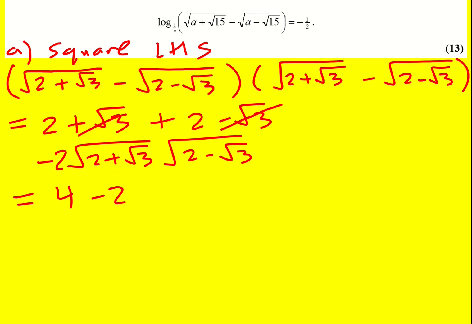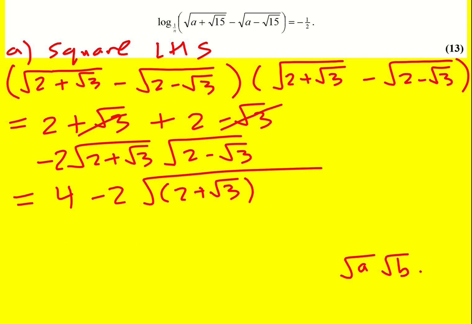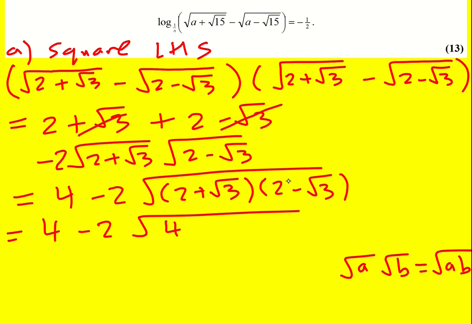Now I can bring this into the same square root, because there is that rule: the square root of a times the square root of b is equal to the square root of ab. So that's going to give me 4. And now I've got a difference of 2 squares thing going on. 4 minus 3. And that's all we need, really.